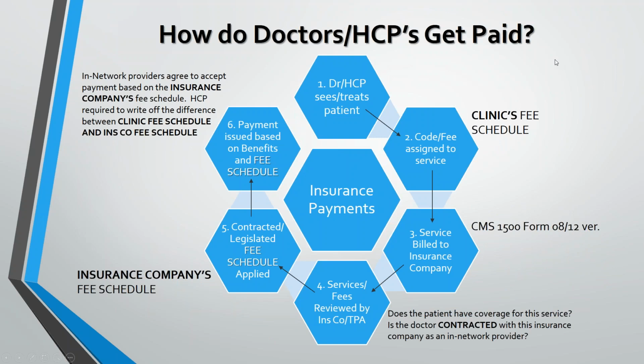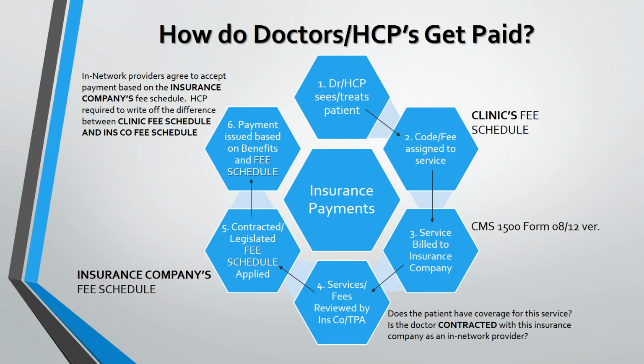So first of all, before we get into the nitty-gritty of the credentialing and contracting, let's just discuss how doctors or healthcare practitioners get paid. This illustration that you see here on your screen basically shows you the flow of how a healthcare claim may be paid, and this really deals just with insurance payments.